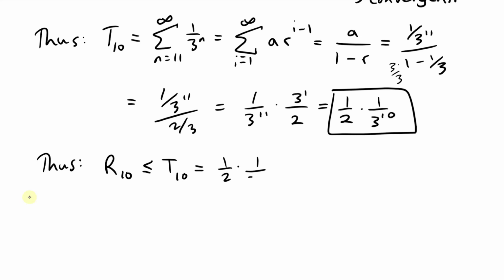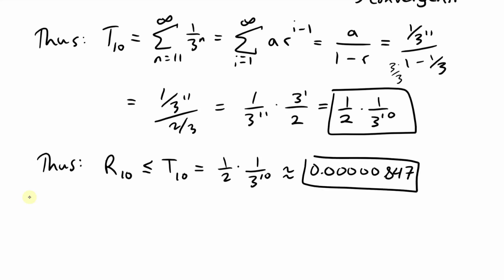Which is approximately equal to, if you plug it into the calculator, a very, very small number, and this is more exact than my OneNote calculator. So we get 0.00000847, actually there are 5 zeros, then 8, 4, 7.